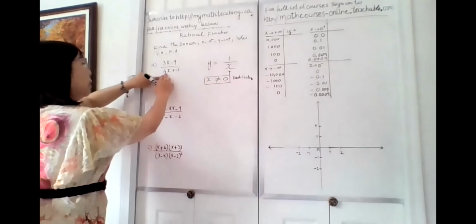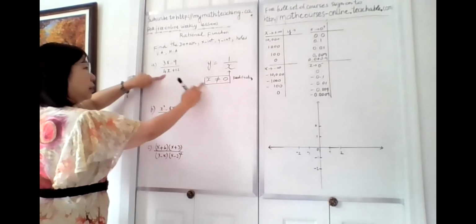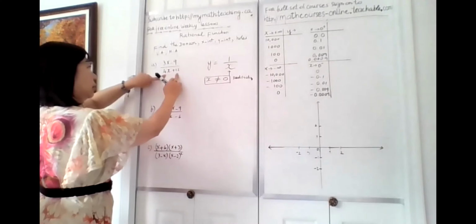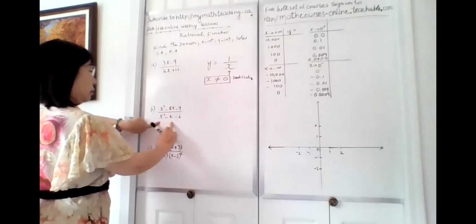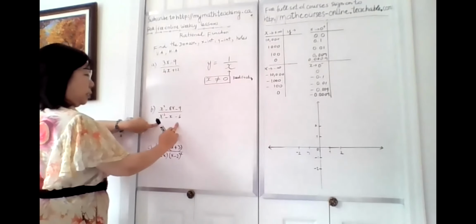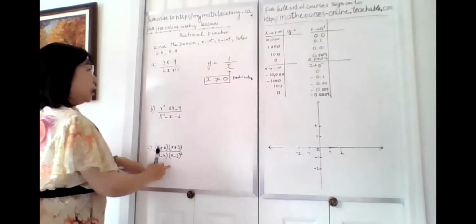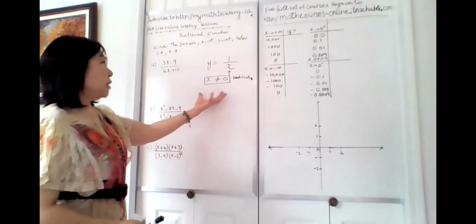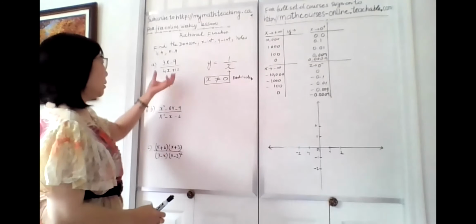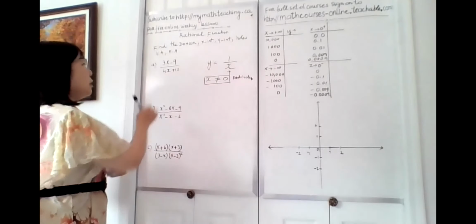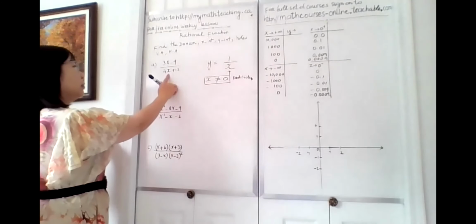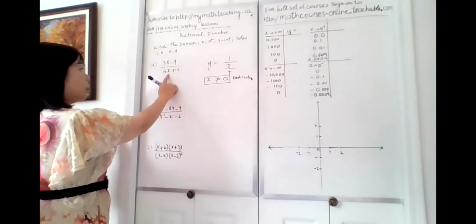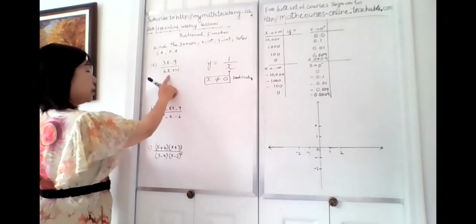What about if it has more than one x like this, or an algebraic expression like this, or like this? Then we're not going to know. Yes, we state that x has to be different from 0, but even though this x here is different from 0, we just state one x here.